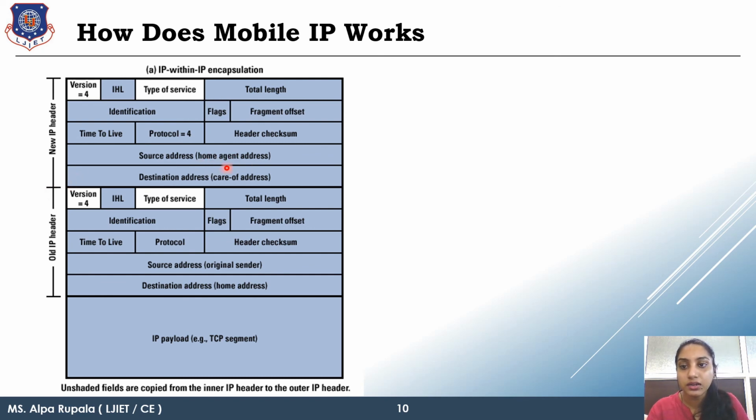The source address is the home address and the destination address is the care of address. Now the protocol value will be 4. This helps your foreign agent to identify whether your packet is IP within IP or not. If the protocol value is equal to 4, then this is IP within IP, and this new IP header will be discarded, and the original packet will be sent to your mobile node.